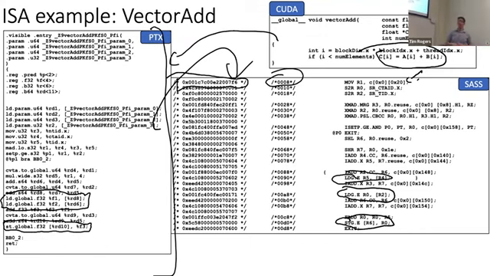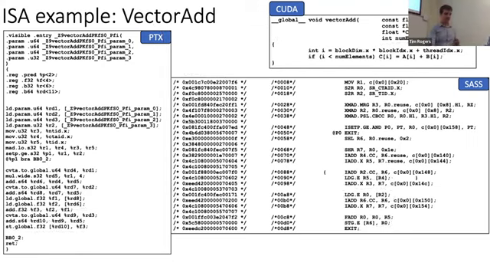Okay, anything else that's kind of weird about this code? Does anyone notice anything that's odd? Yeah, I guess the numbers in the middle column are addresses then. The numbers in the middle column are addresses.